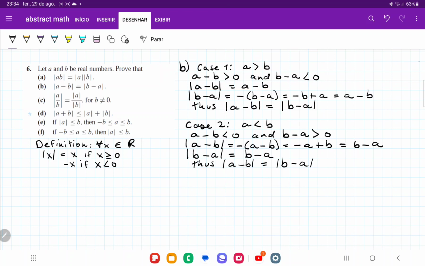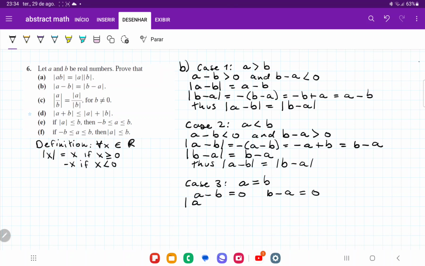So one can either be bigger or smaller than the other, or case 3 is when they're equal, so when we have that A is equal to B. And when this happens, it's pretty easy, because A minus B is going to be equal to 0, and B minus A is going to be equal to 0.